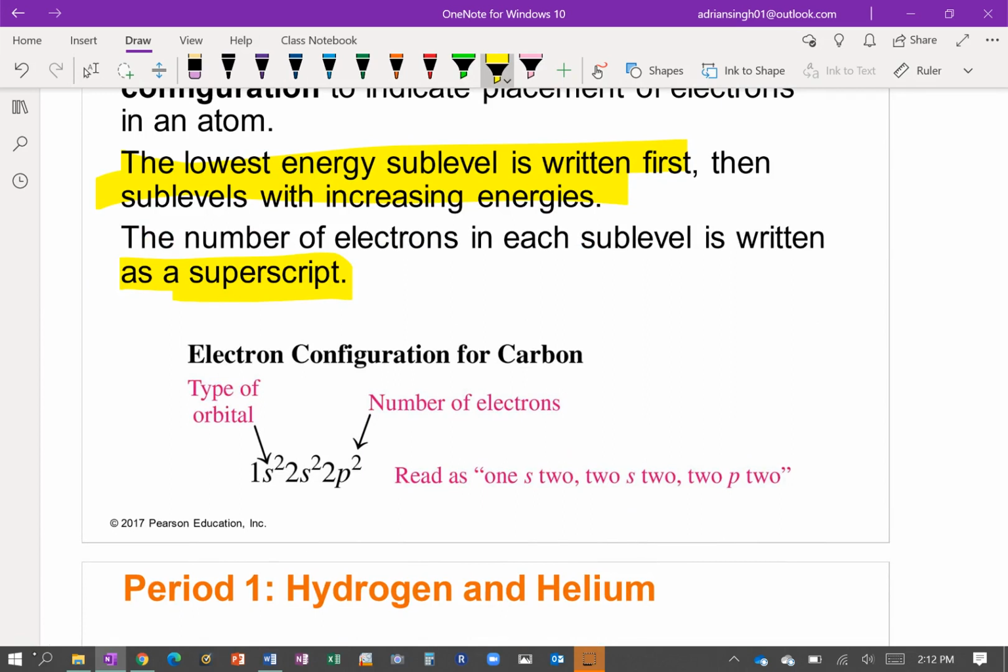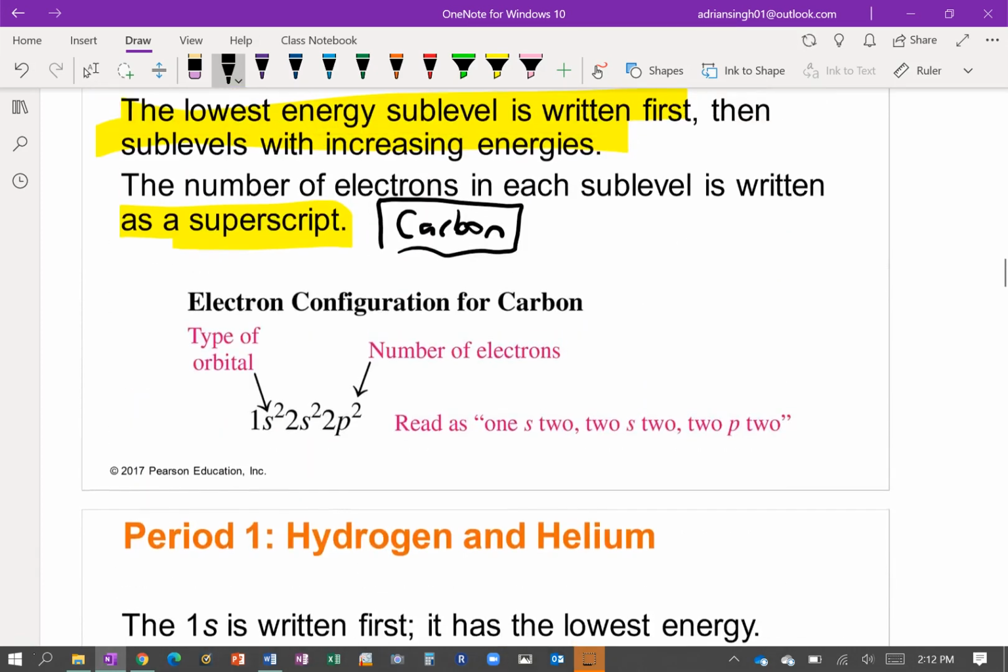All right, so if we take, for example, carbon, carbon has 6 electrons, and you can get that from the periodic table, right? Atomic number of 6 means 6 protons, so a neutral atom should have 6 electrons.